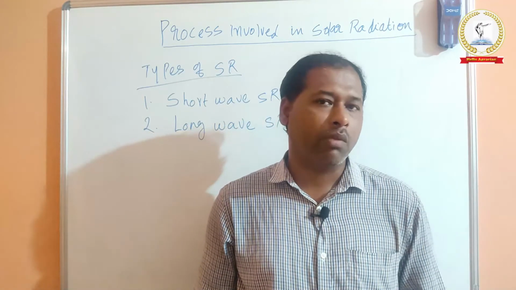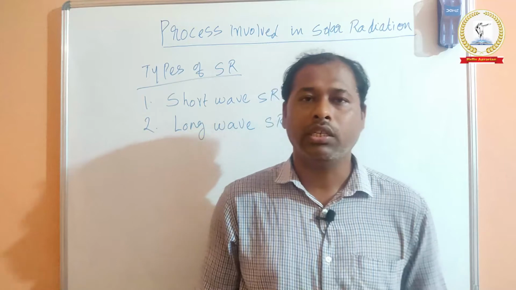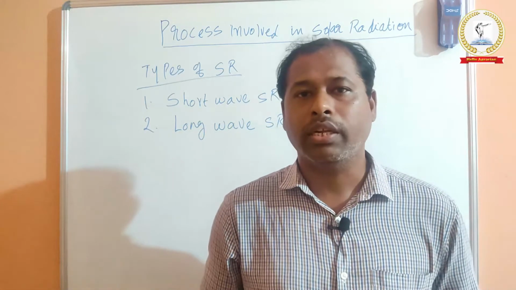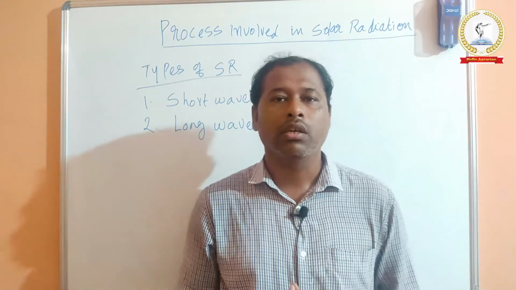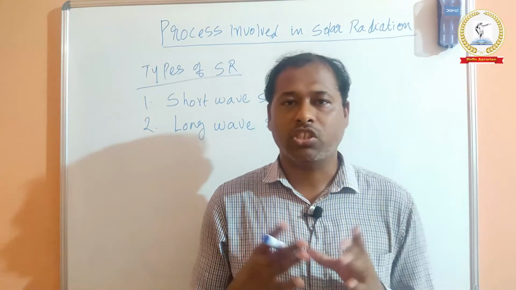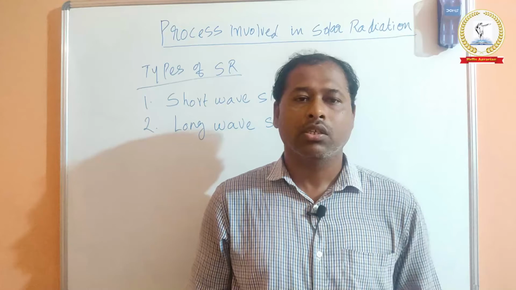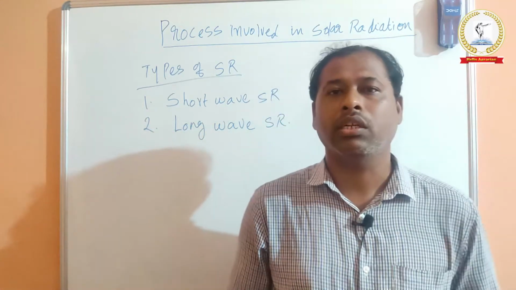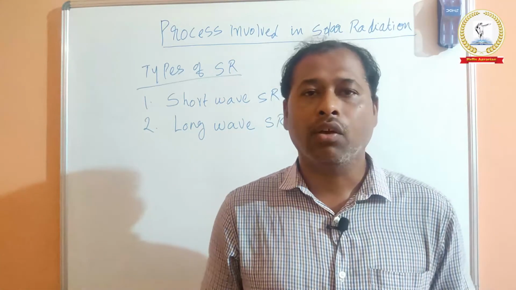The sun is the prime source of almost all the energy on the earth. This energy coming from the sun is known as solar radiation. The sun, being extremely hot, emits short wave radiation in electromagnetic form.